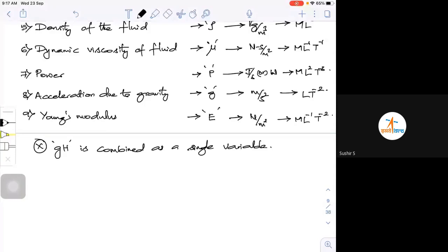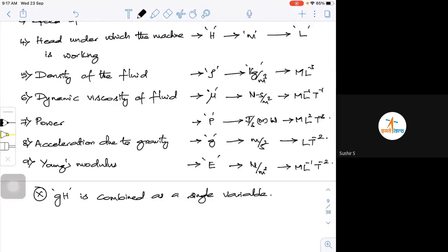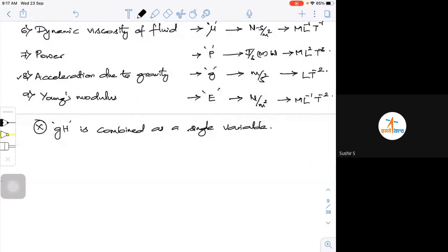So if that is the case, that means your H, that is 4 and 8, both are combined. So what is the total number of variables I have? Therefore, the total number of variables, let me call that small m, it is 8.